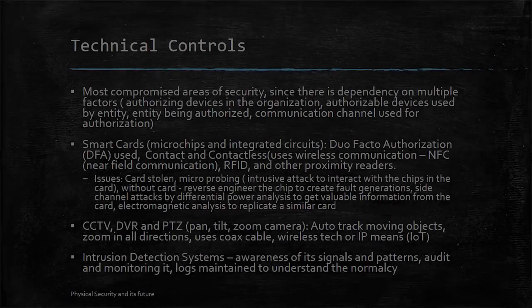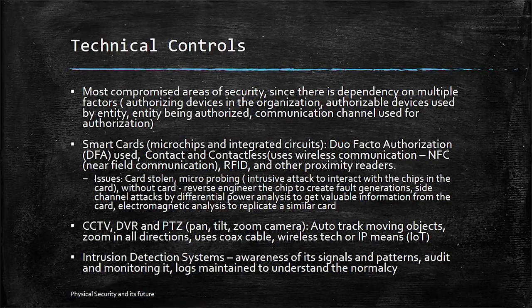The technical control is equally important when it comes to financial institutions. It is the most compromised area of security, since there is dependency on multiple factors, right? We'll focus on the organization, authorizable devices, the entity being authorized, and the communication channel used for authorization. All these things are serious infrastructural things which are generally not noticed except from the perspective of the human part of it.